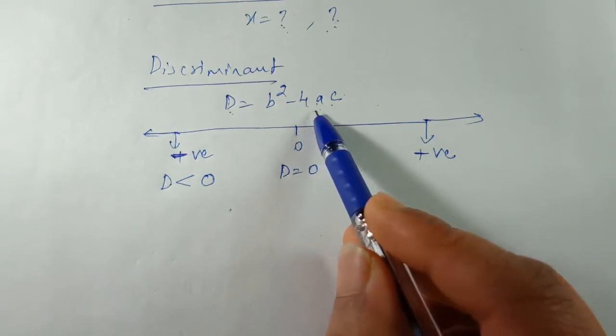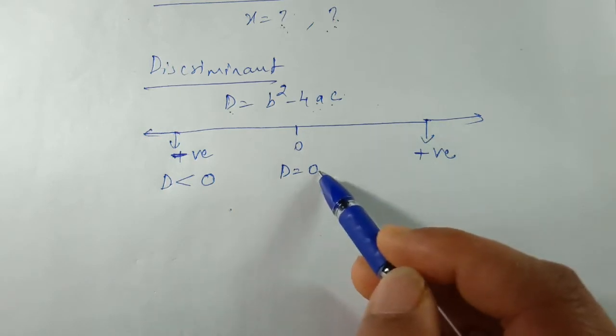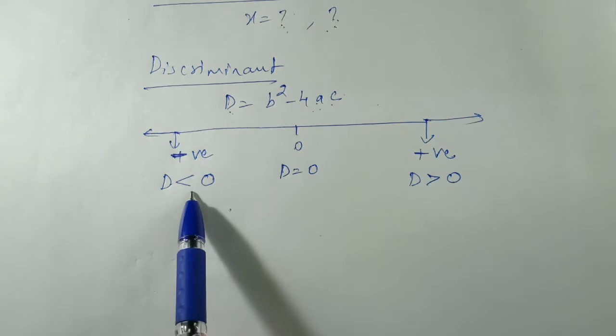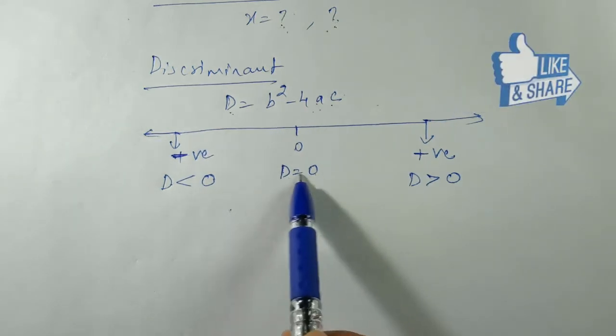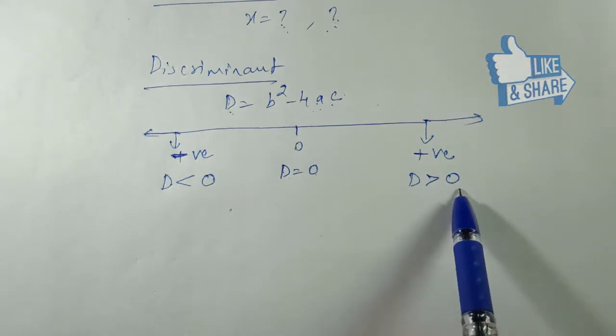Or the number obtained is positive, so D is greater than 0. So three conditions are there: D equal to 0, D less than 0, or D greater than 0.